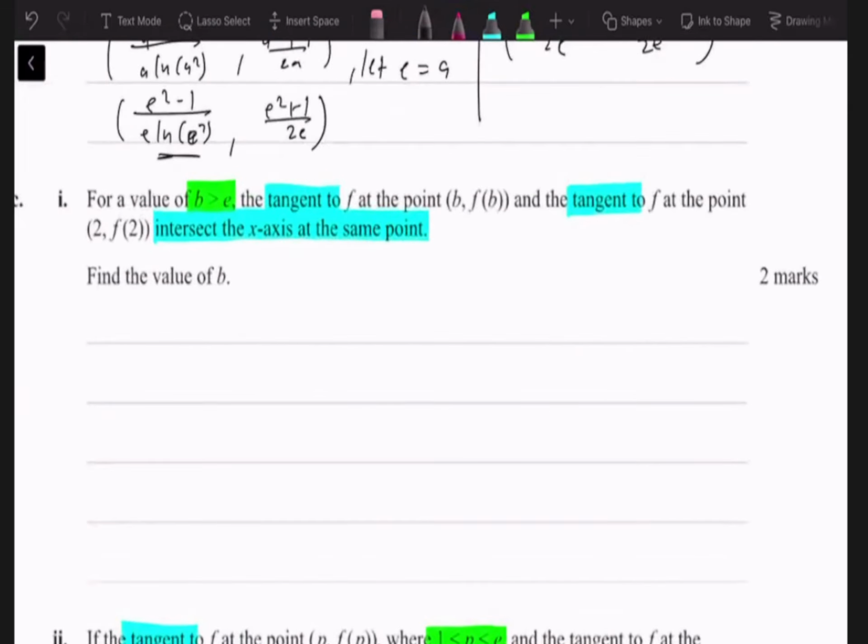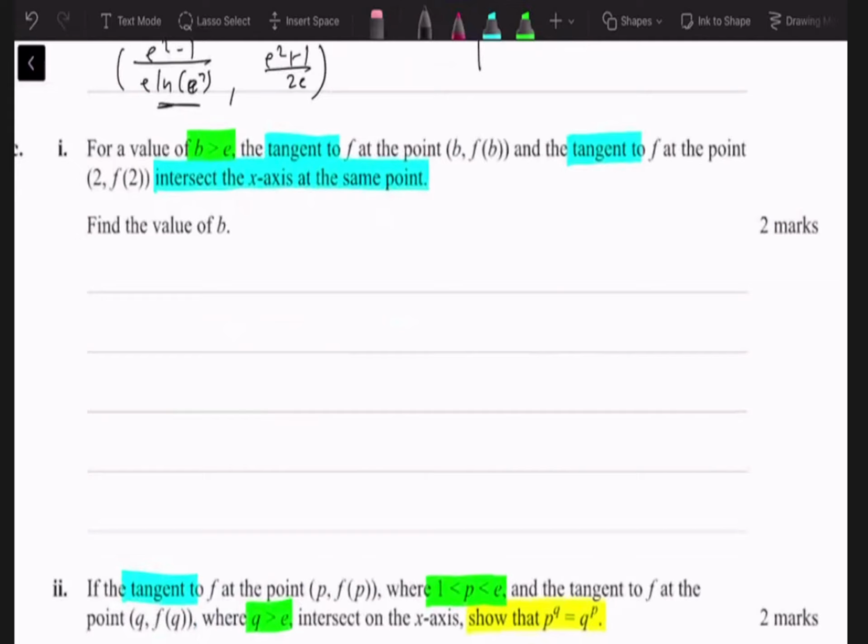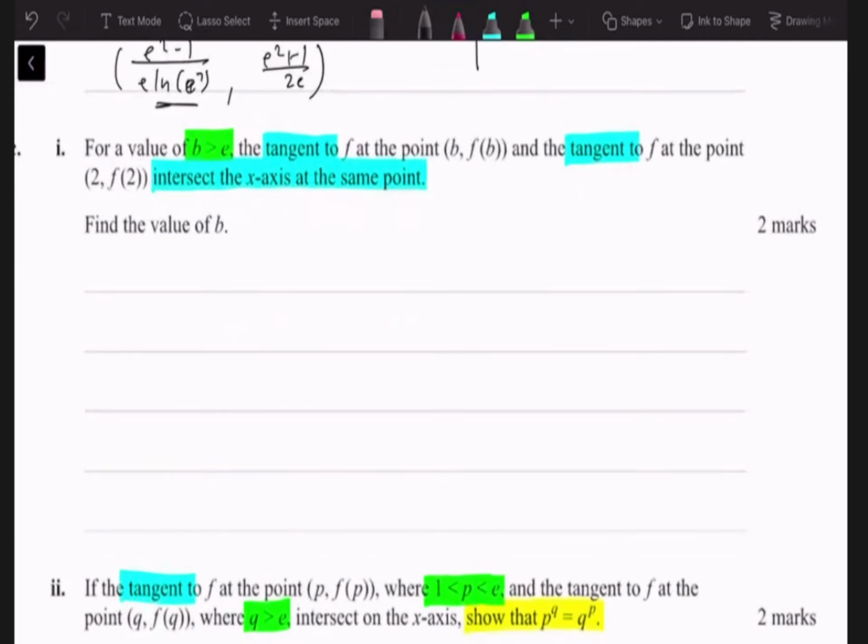So now we have value of b, which is greater than e, and tangent to f at that point, and at 2 intersect the x-axis at the same point. So first, the question sounds complicated, but we'll just start by finding what the tangents are.